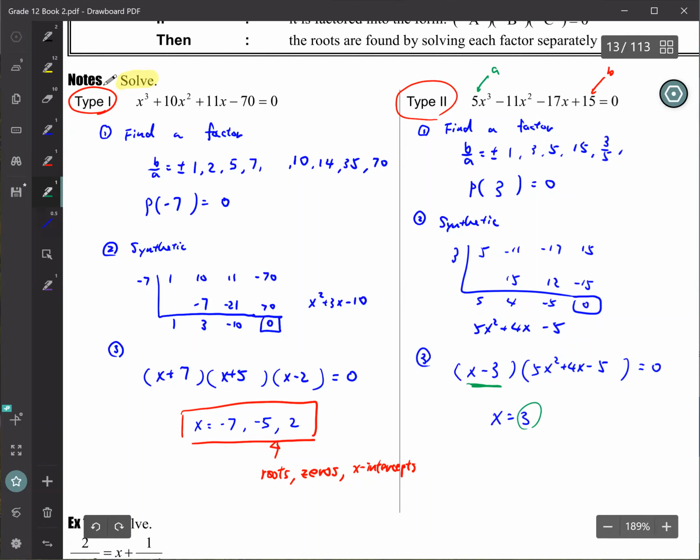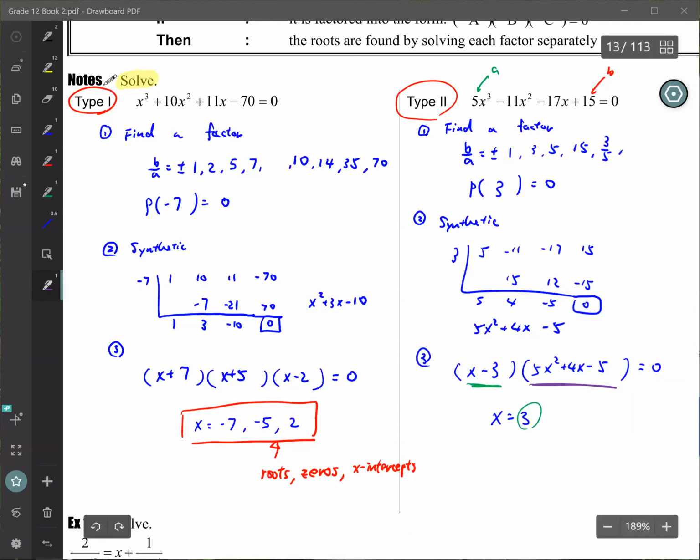Now from the second bracket, because it's a quadratic, right? And it's not factorable. How do we solve a quadratic equation that's not factorable? Does anyone remember from grade 11? Anybody can answer. How do we solve? Quadratic formula. Yeah, so we need a quadratic formula, okay?